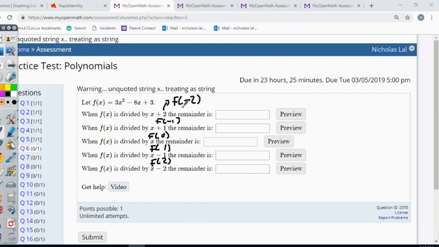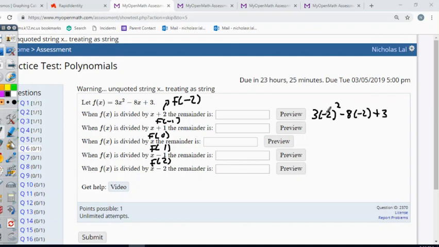Now, let's evaluate the first one. 3 times negative 2 squared minus 8 times negative 2 plus 3.